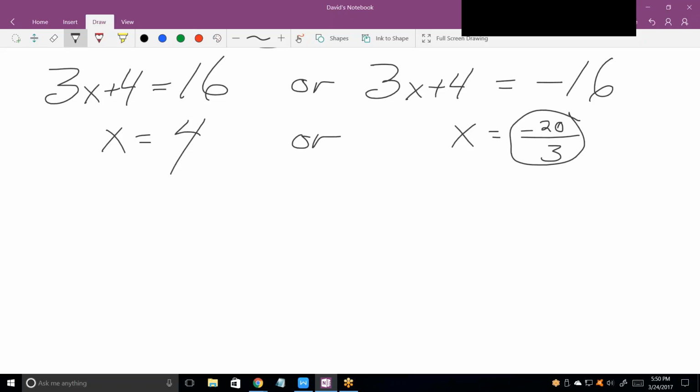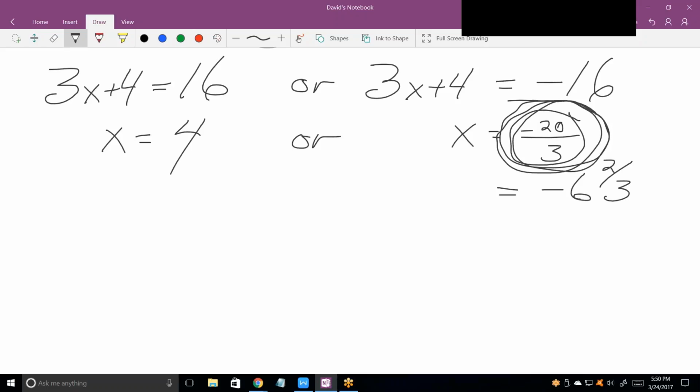But you will find in math that ratios are a lot better than decimals. And improper fractions are a lot better than proper fractions. So I'm never converting this. Well, I shouldn't say never, but that's the same as minus 6 2/3. But this is a much more valuable answer.